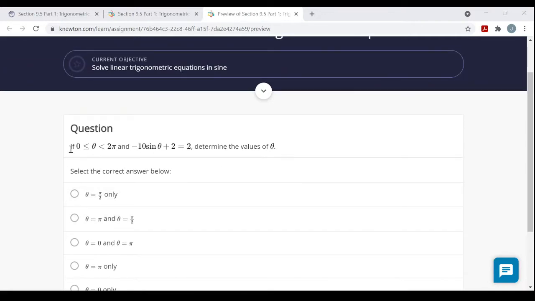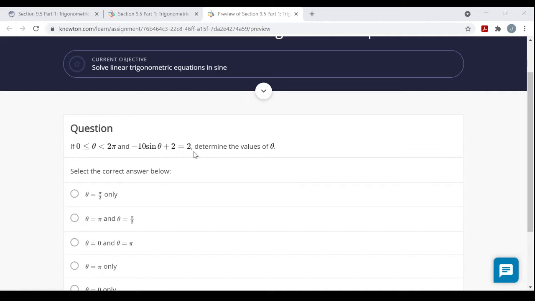Alright, so the question is this. If some angle theta ranges from 0 radians to 2 pi radians, equal to 0 but not equal to 2 pi. So from 0 up to 2 pi but not including 2 pi could be the possible values of theta.